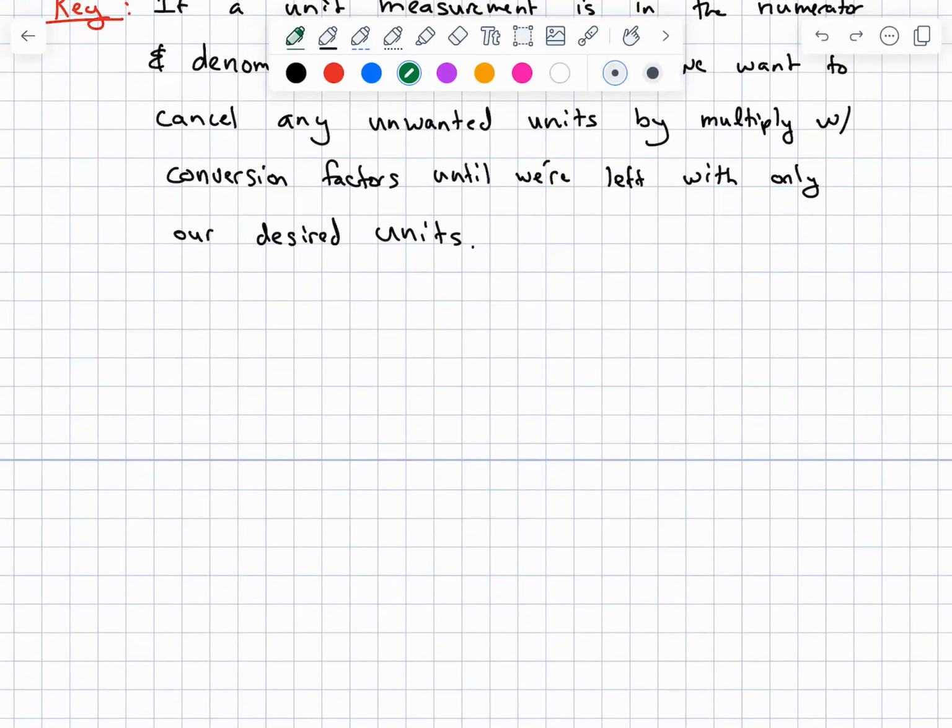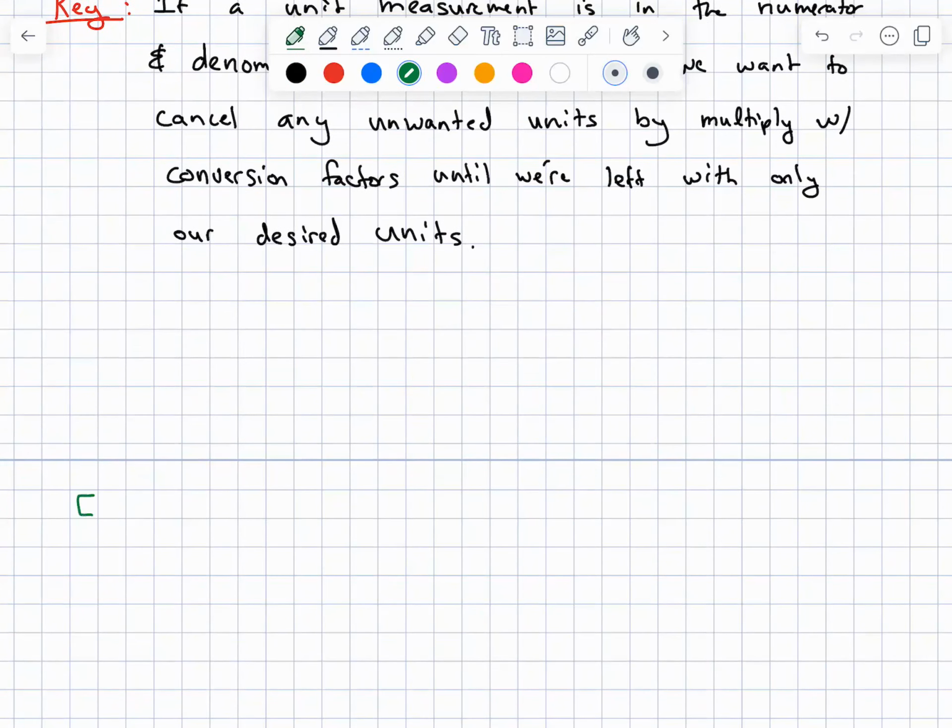All right. So example, convert and round to the nearest hundredth. Hundredth meaning, so it goes tenths, hundredths, thousandths, 10,000.